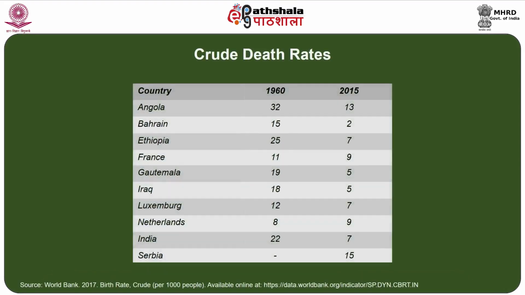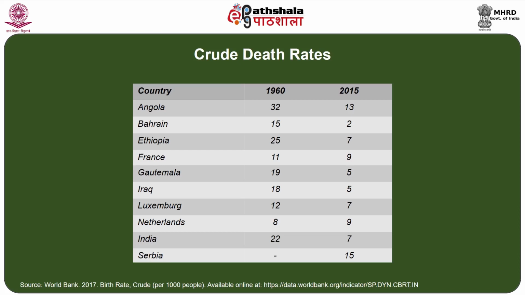For the periods 1960 and 2015 across different countries, when we analyze the crude death rate, there are variations that have been noticed. For most countries, there has been a significant decline. For instance, in Angola, the crude death rate has declined from 32 in 1960 to only 13 in 2015, and Guatemala from 19 in 1960 to only 5 in 2015.